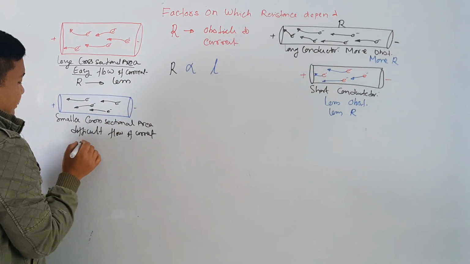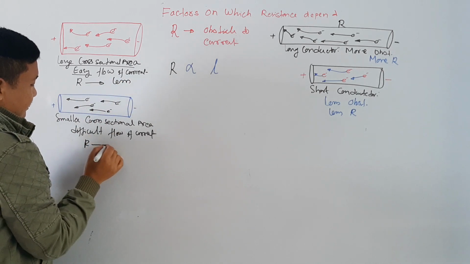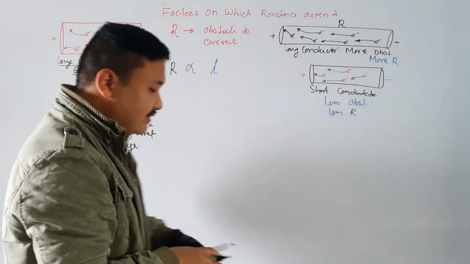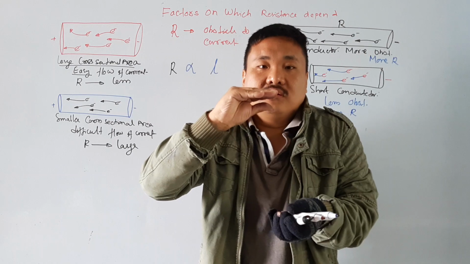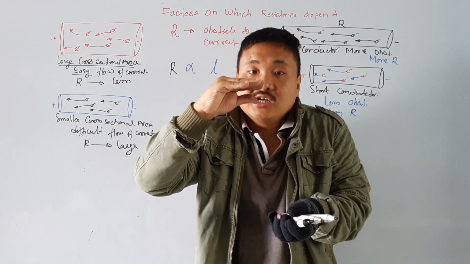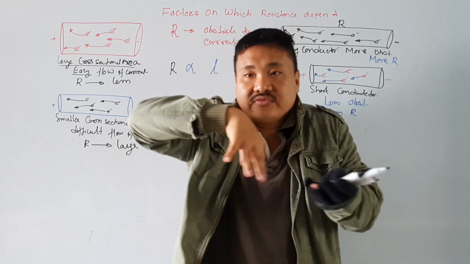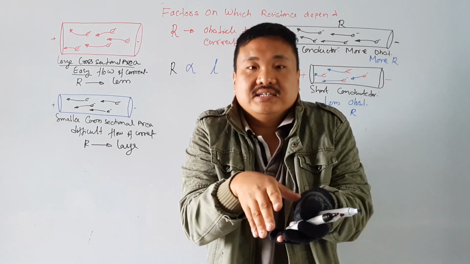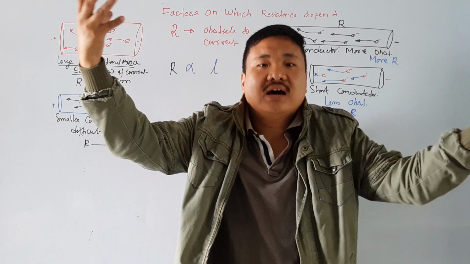And for a small area, resistance is large. Understood? If the area is very small, the electrons get very tightly packed and have to travel very tightly, so resistance becomes large.